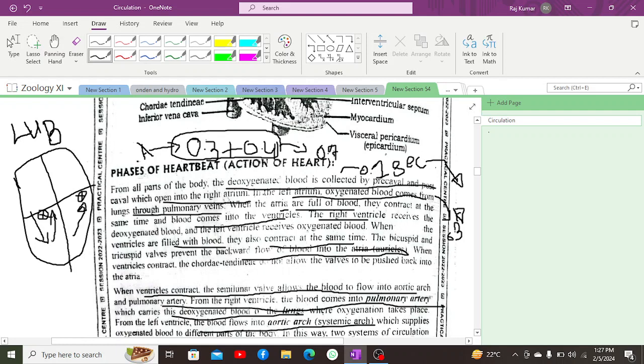As contraction occurs, some of the blood is thrust back, producing a sound which is known as lub dub, right? So lub is a sound having high amplitude, and dub is a sound which has high pitch or high frequency.